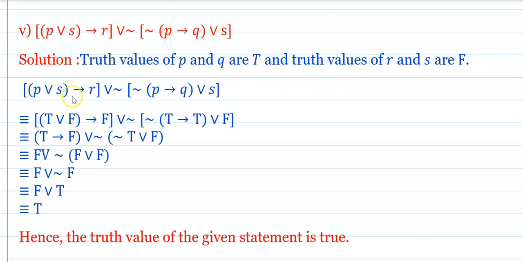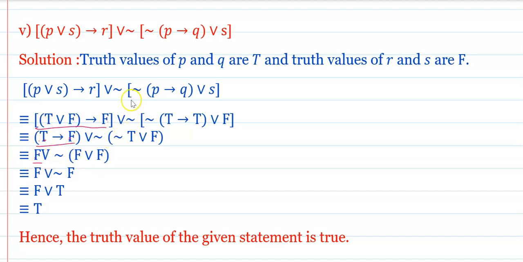P or S implies R or negation of in bracket negation of P implies Q or S. What is P? It is true. S is F. T or F is T. Next implies R. R means F. Again here T implies F. T implies F is F. That means we have cleared this whole bracket here.